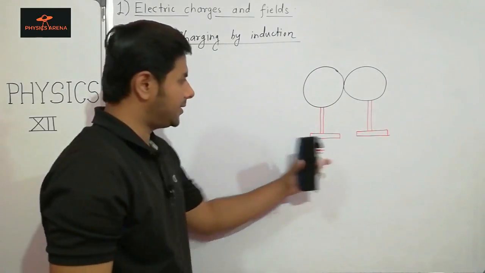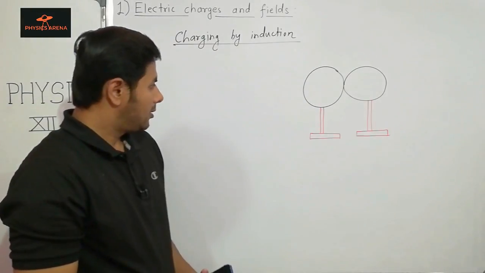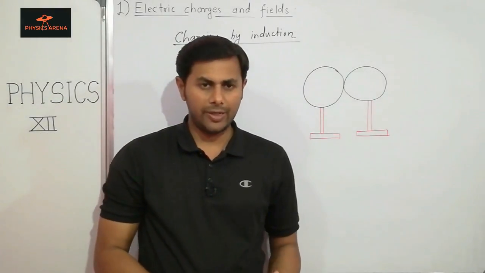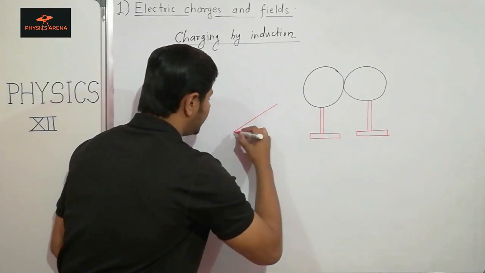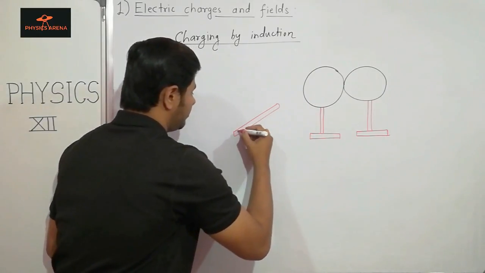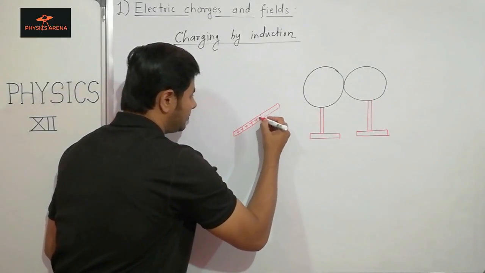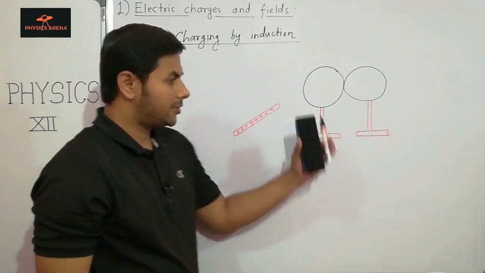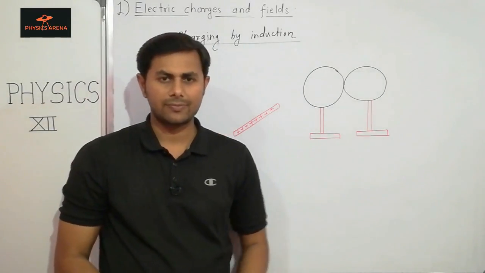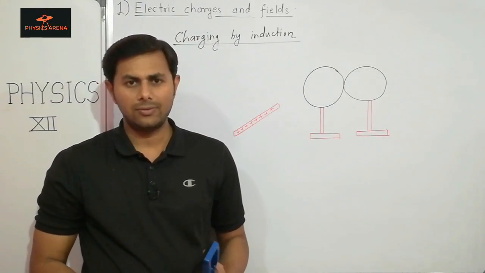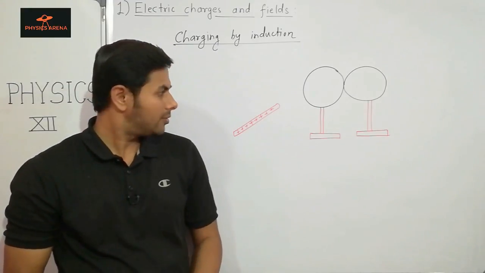So these are insulating stands, and now suppose we bring this glass rod, which is positively charged, close to one of these metal balls. Now what will happen?